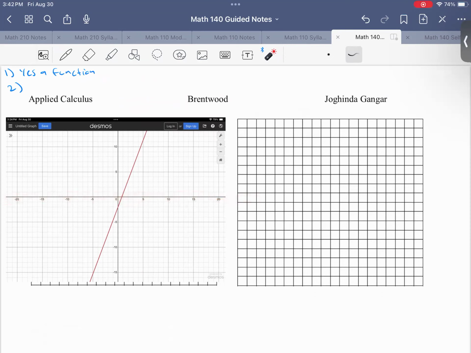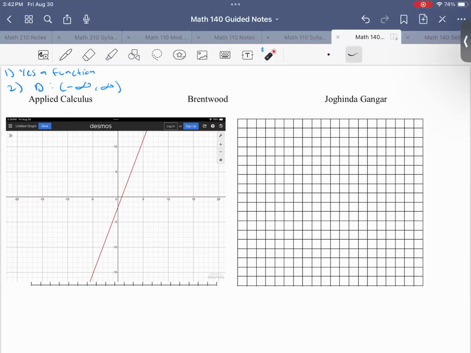It doesn't look like it from this graph, right? But this graph is going on forever this way and forever that way. So what does forever mean in mathematics? Well, forever means infinity. So our domain for this would be going from negative infinity to infinity.